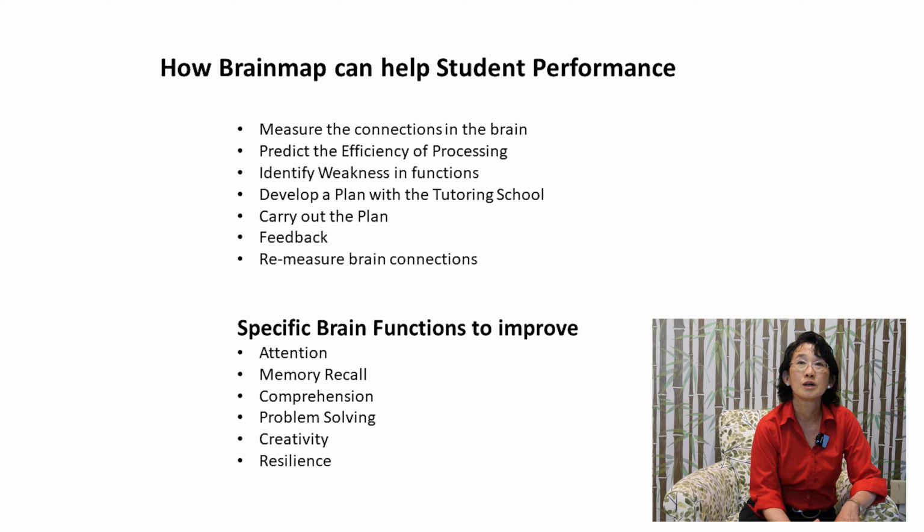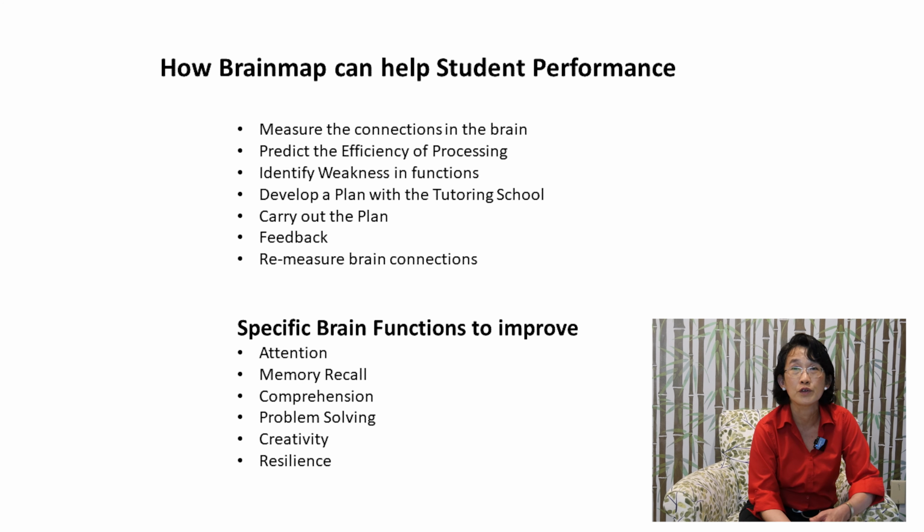What can we do? What would our collaboration look like? I can measure the connections in the brain of the student, predict the efficiency of processing, in fact measure them, and identify any weakness. Weakness could be comprehension, could be recall, could be problem solving, could be resilience. Resilience means not being able to stay focused for a prolonged time.